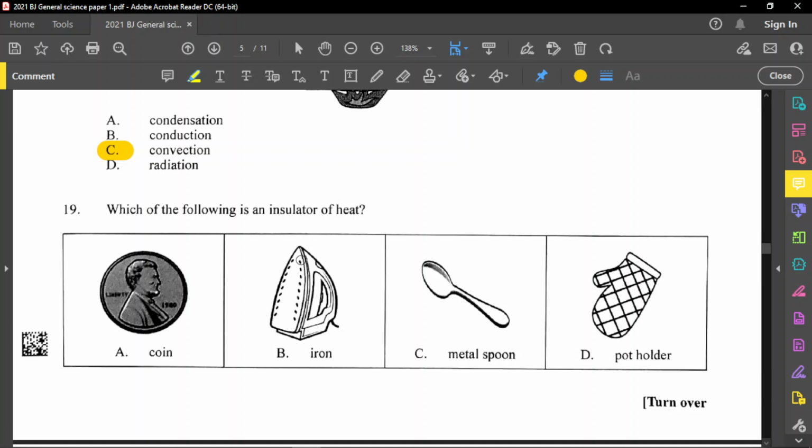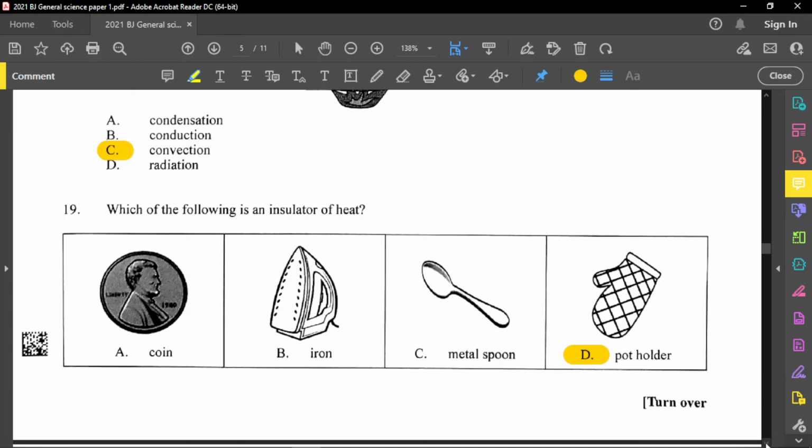But iron, generally, the flat part, which is the metallic part, can conduct heat, but the plastic part, which is the handle, can't conduct heat at all. That's why it's made of plastic, so you can iron without getting burned. And a metal spoon, if you put a metal spoon in something hot, eventually you're going to feel it at the end. So that's not the answer either. It's a pot holder. This will be the best one right here. It's actually made to be an insulator, so you can hold a pot without getting burned.